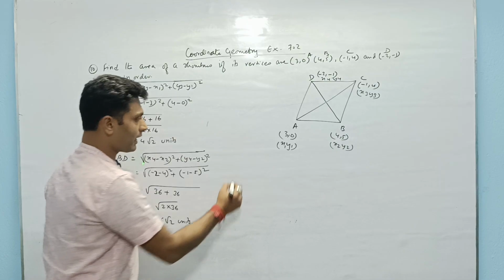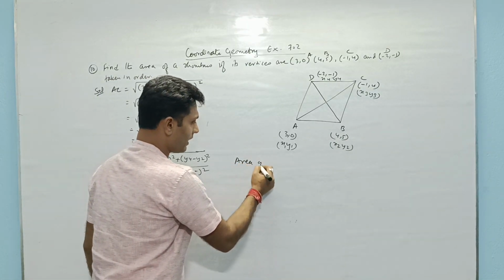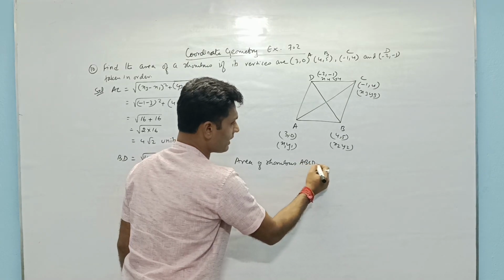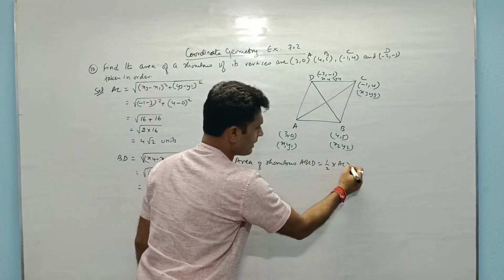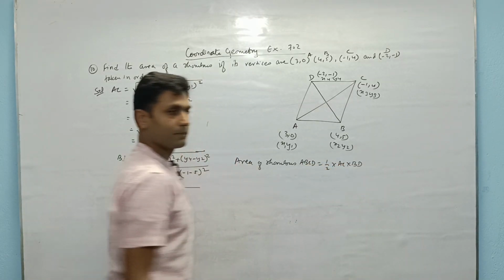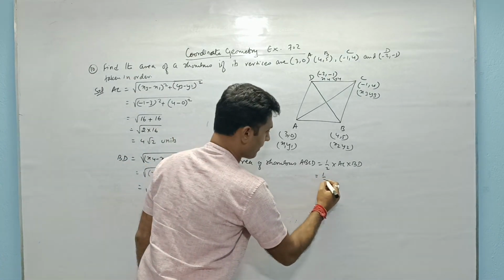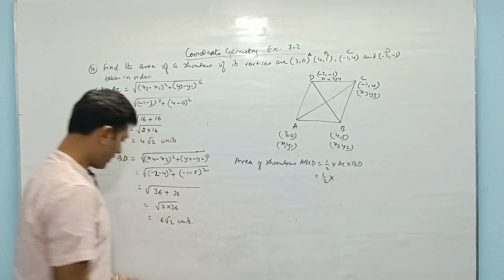So now what is the area of rhombus ABCD? This is half into AC into BD. So this becomes half into, what did we get AC?